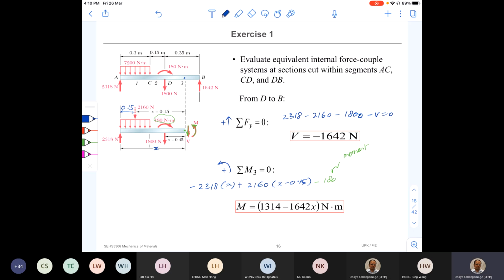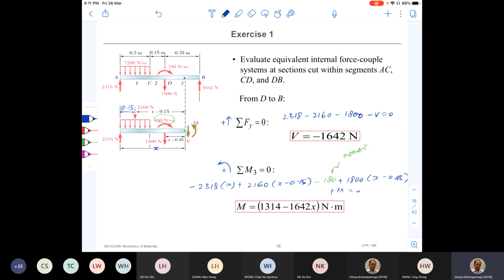Okay, 180, and then we have 1,800, so it is a positive moment, 1,800, and the distance is x minus 0.45. And the last one is the internal bending moment M in positive direction, equal to 0.